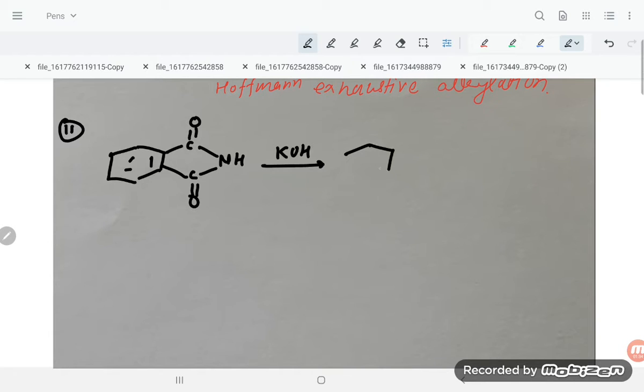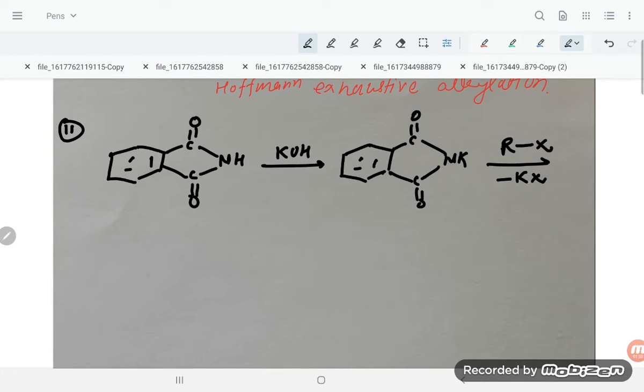It will form the salt, students. Here C=O, C=O, and firstly it will give NK. If you are treating with RX, it will lose KX.